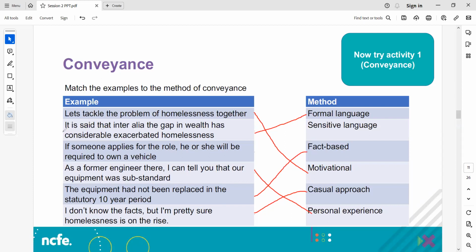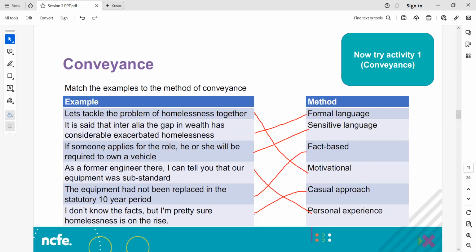Okay, so the last one that we've got left: if someone applies for the role, he or she will be required to own a vehicle. So sensitive. Because rather than saying, to apply for the role, you must have a vehicle, which is quite direct, making it a bit more impersonal is what we can describe as sensitive.